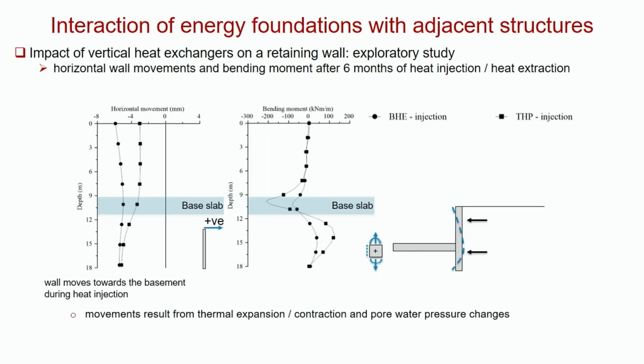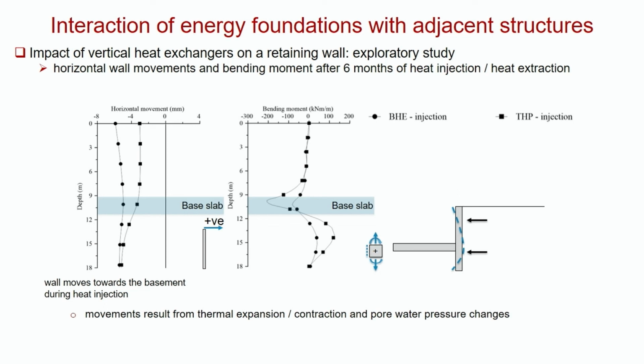And if we look at the behaviour of the wall, although the temperature wasn't changing, the wall is moving. When we heat these things up, it pushes the wall into the excavation, even though there's a base slab there, by 4 millimetres, 5, 6 millimetres for the borehole and 3 for the thermally active piles. And we get bending moment changes in the wall.